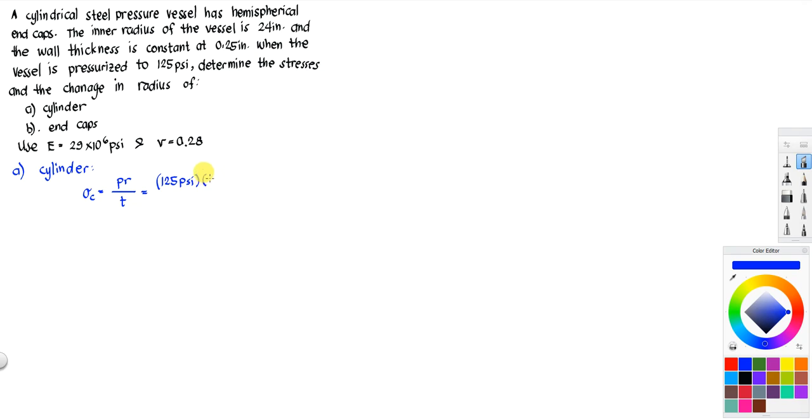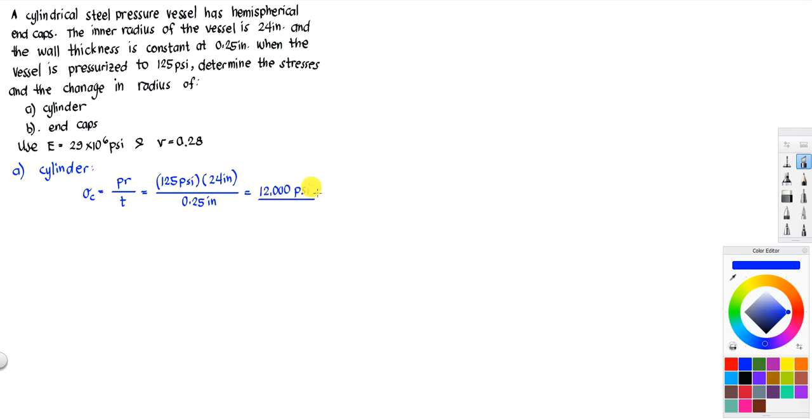And then we have the inner radius, which is 24 inches. And then all over, we will be having here the thickness, which is 0.25 inches. Okay, or we will be having here 125 times 24 over 0.25, or we have here 12,000 psi. Okay, so ito na yung sagot.